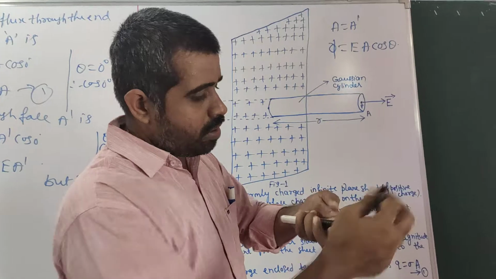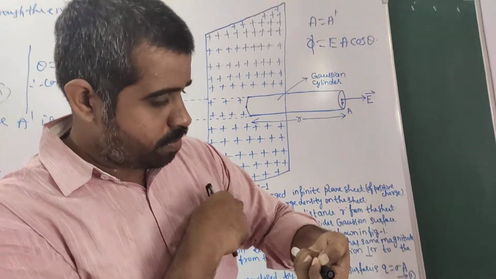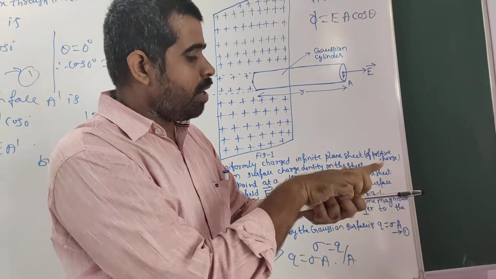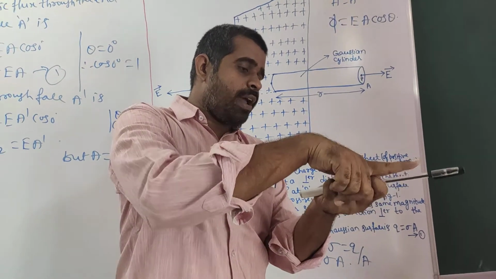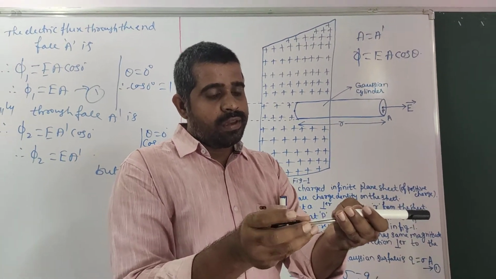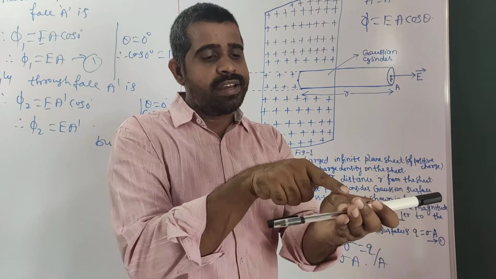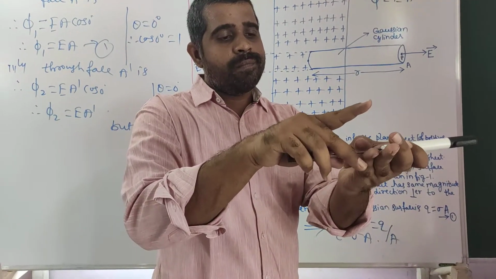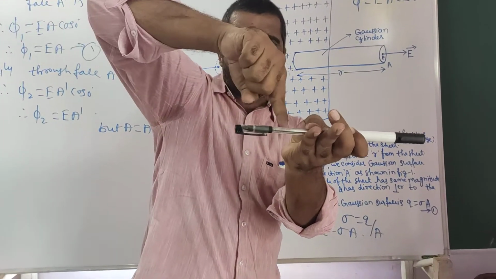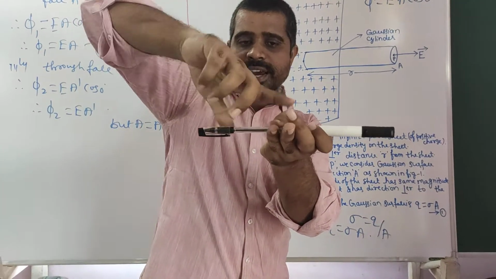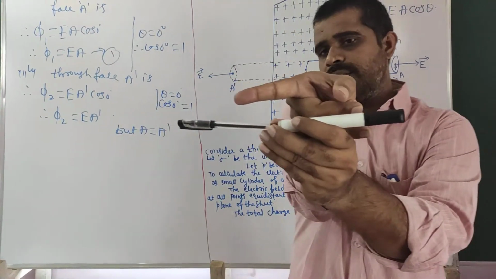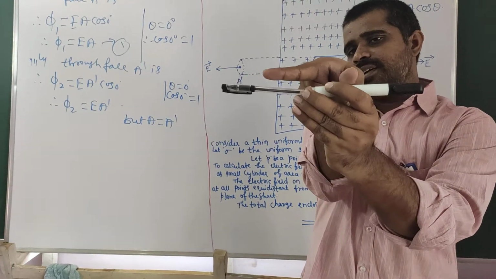Draw the normal to this surface, and this is the electric field. How are the normal and electric field? Parallel. They are parallel.